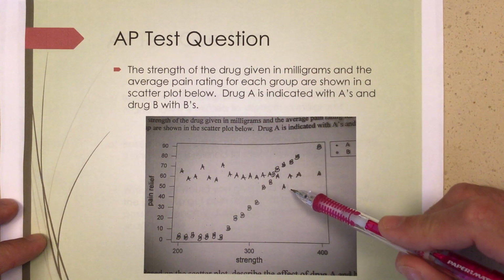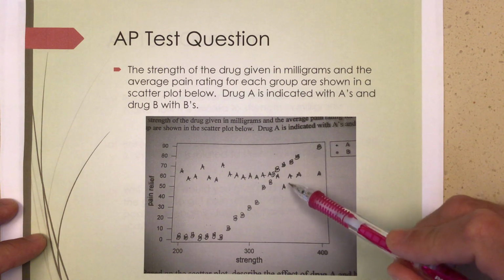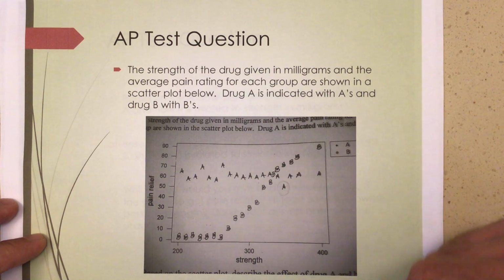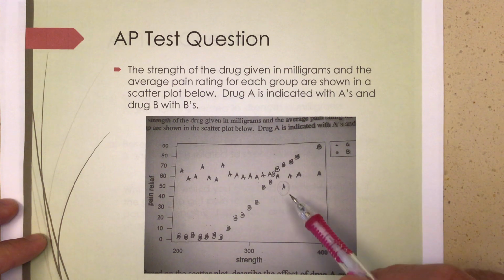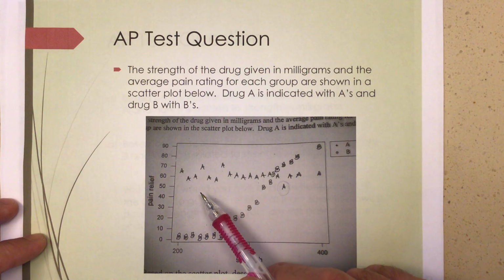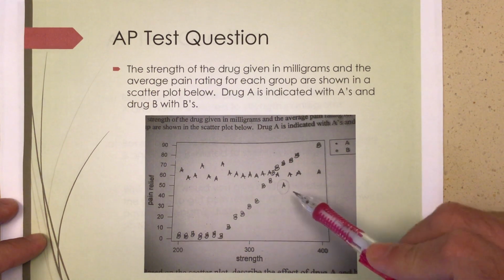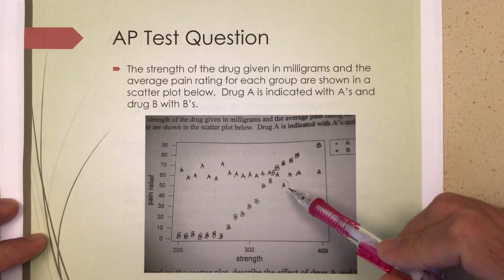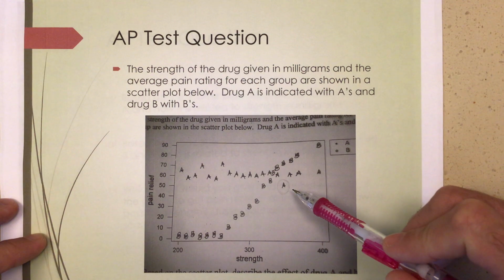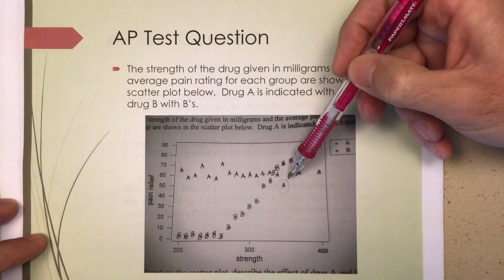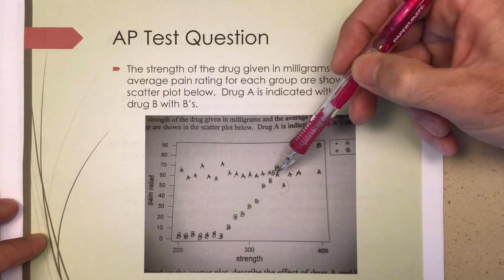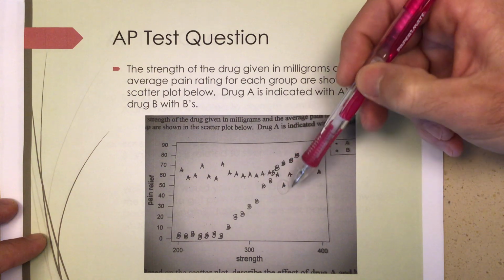Okay, but that does bring me to the next thing to notice, this point right here. If that point occurred at the beginning of the graph, it would kind of fit the pattern of there's some variation. But that point is occurring over here on the right side of the plot where things are pretty darn consistent until all of a sudden that point pops up.